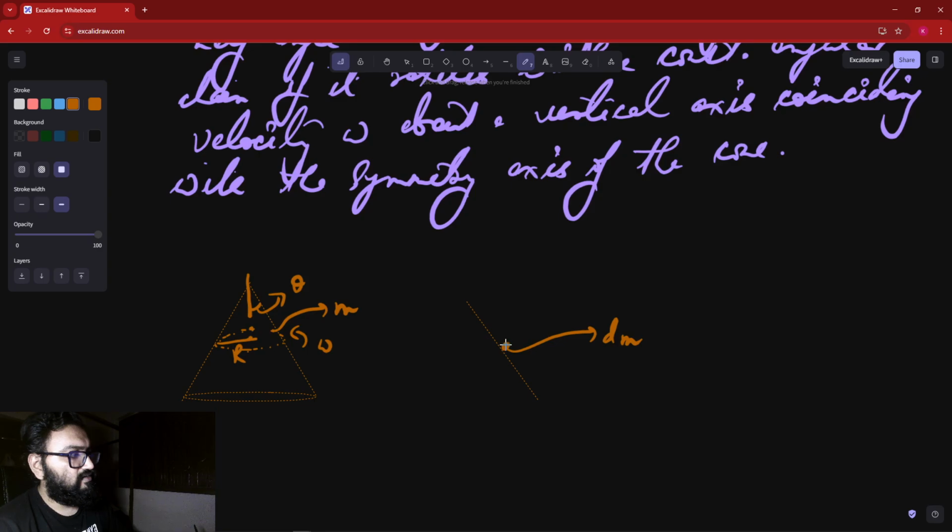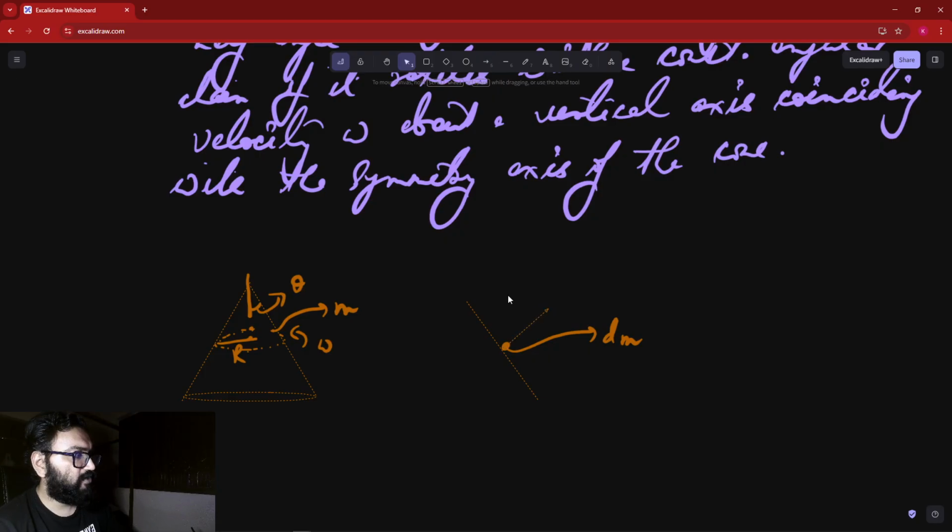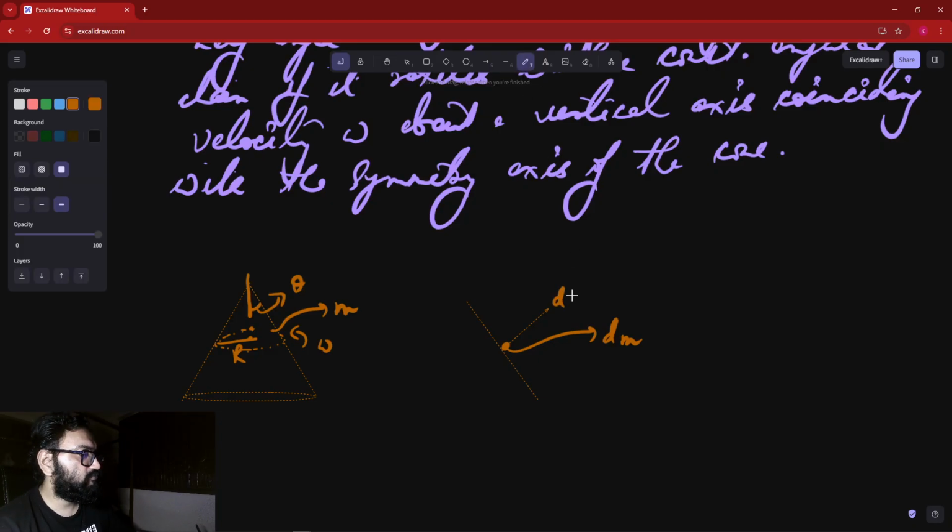The force that the surface of the cone is going to apply is obviously going to be in the normal direction, and its value is going to be equal to dN. This is a small normal force applied by the surface of the cone on the small segment of the chain with mass dm.